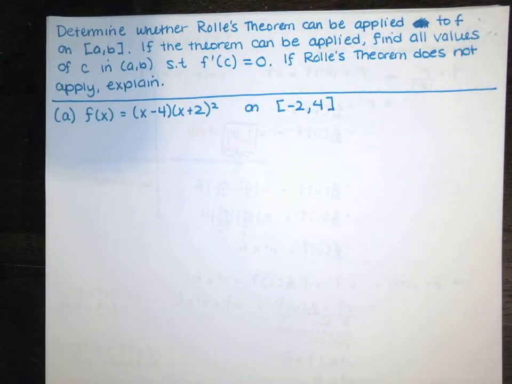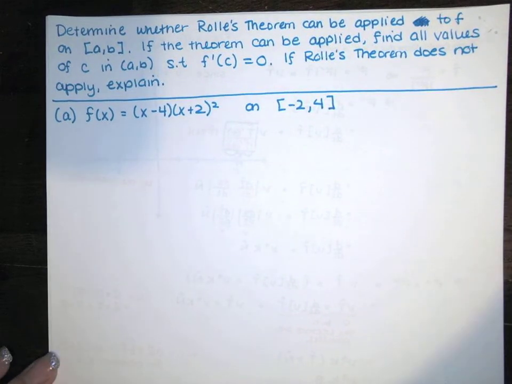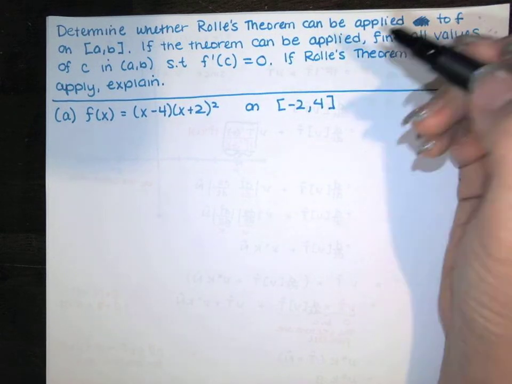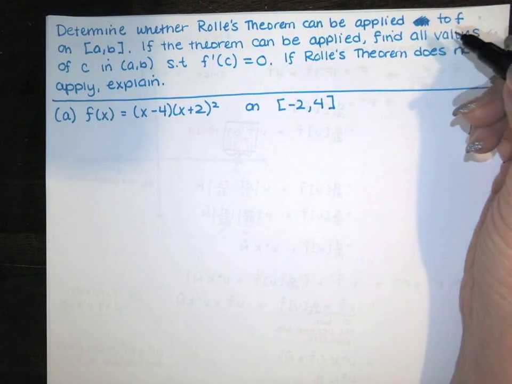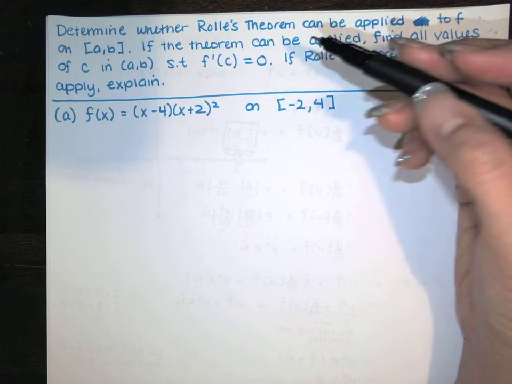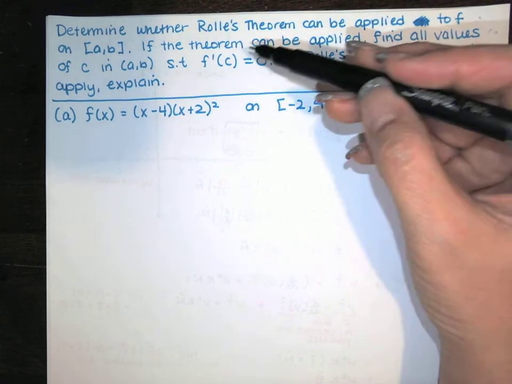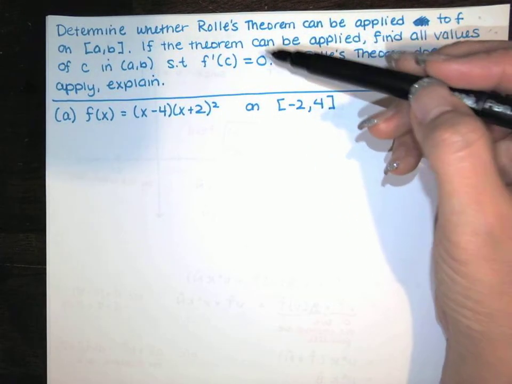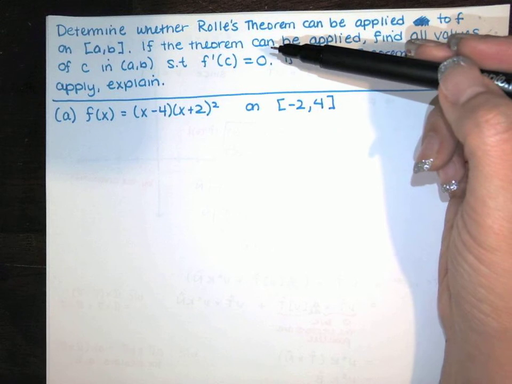Okay, so let's apply that to a problem. This is a typical problem statement for Rolle's theorem. It says, determine whether Rolle's theorem can be applied to the function f on the interval from a to b. If the theorem can be applied, find all the values of c in the interval from a to b such that the derivative is 0. So we're looking for the x values where we've got horizontal tangent lines.